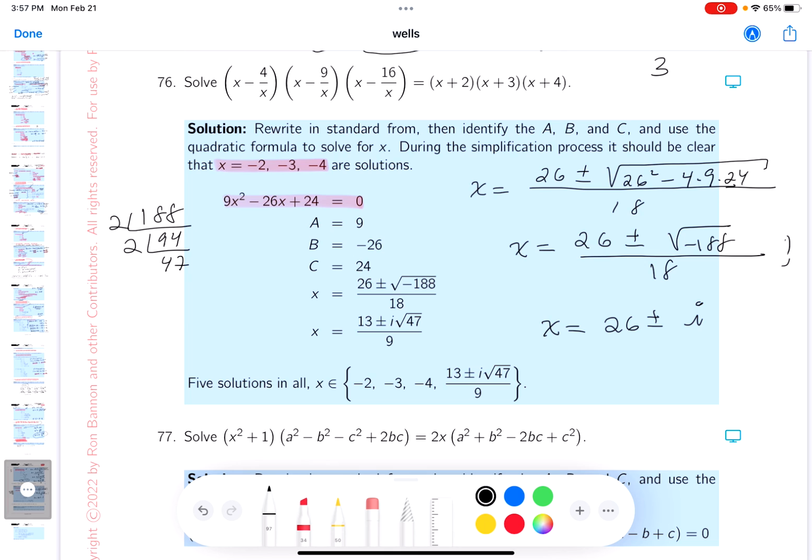So I'm going to say that would be a 4. Square root of 4 is a 2. And then I get root 47, all over 18. Then I would reduce it by dividing by 2. And if I did that, I would get 13 plus or minus i root 47 over 9. All right? So we get 1, 2, 3, 4 answers. Thank you.